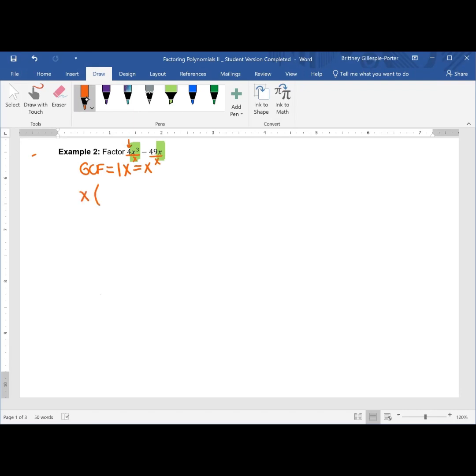Since I'm factoring out my GCF of x, I'm going to put x out front of the parentheses and open up those parentheses.